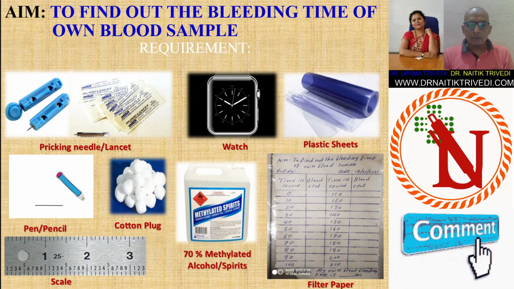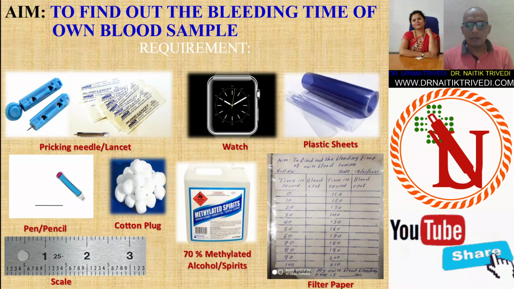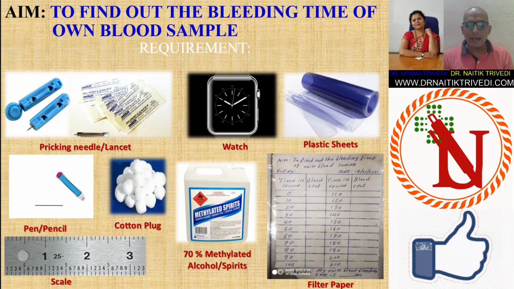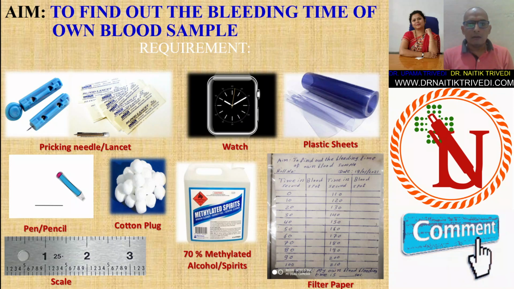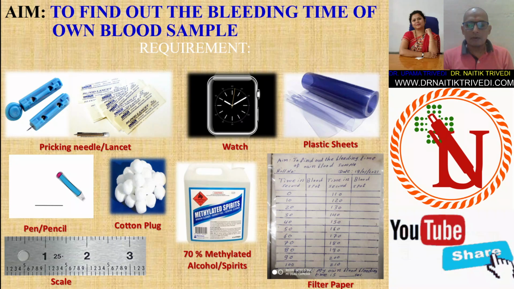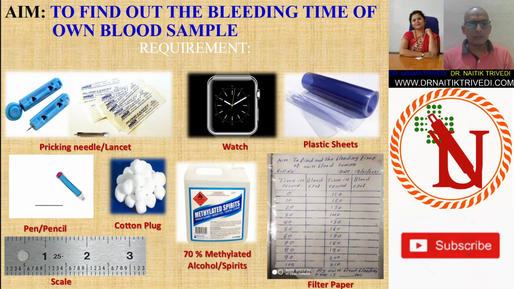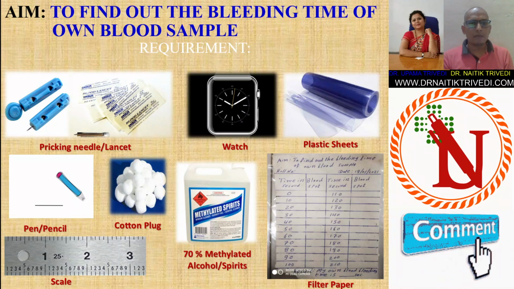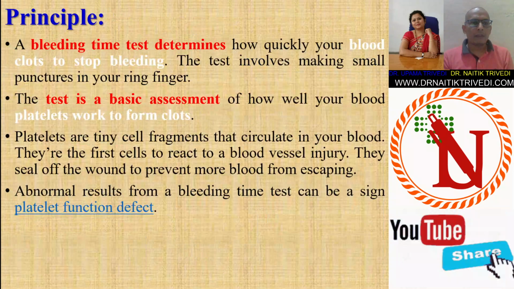You need to write 0 to 210 seconds. Why? Because normal bleeding time is 1 to 3 minutes. That's why I have written 210 seconds. So these are the requirements for the practical of the bleeding time.